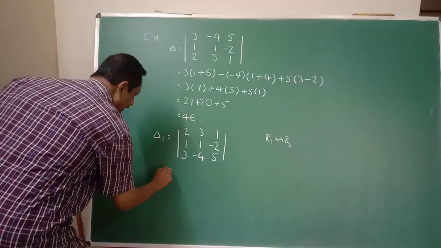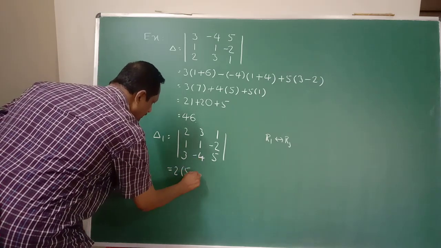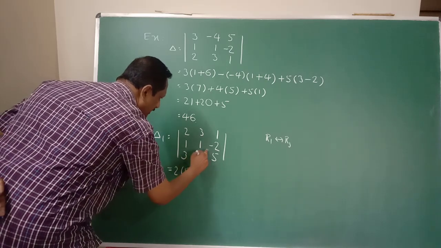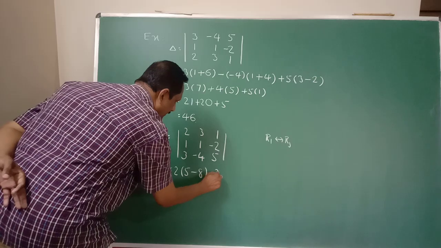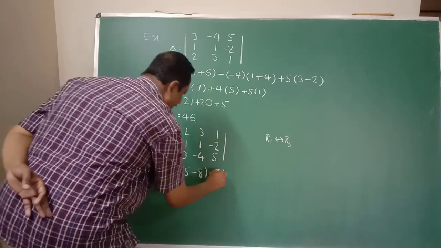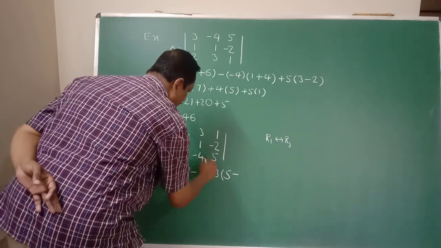Now we expand it here. 2 into 5 1s are 5 minus of minus into minus plus, 4 2s are 8. Minus of 3, then 1 into 5 becomes 5 minus of 3 2s are 6, minus 6.